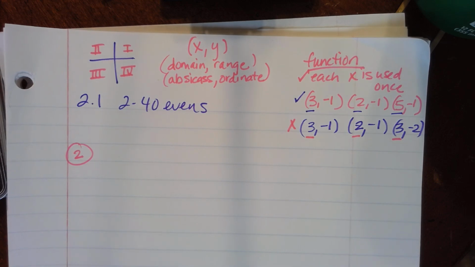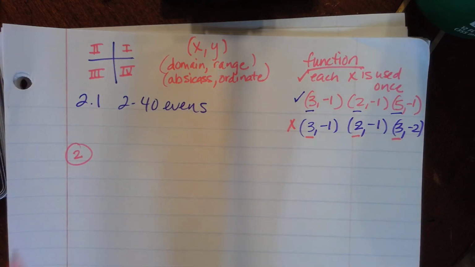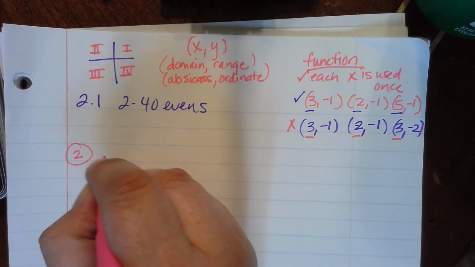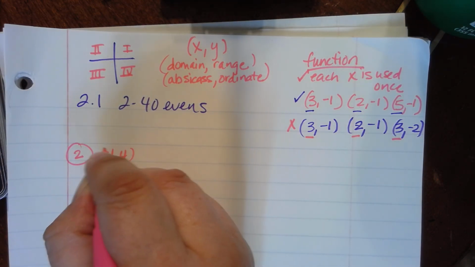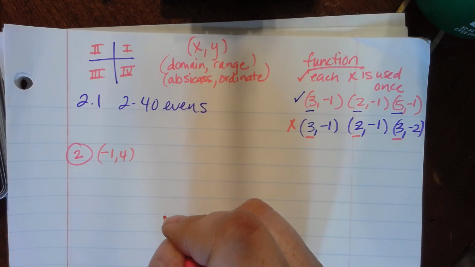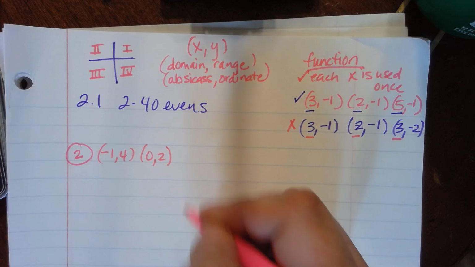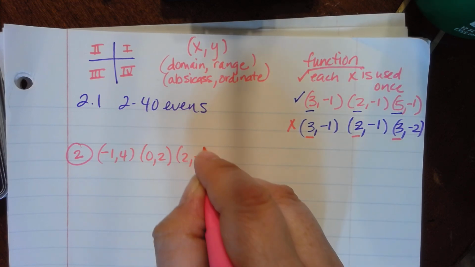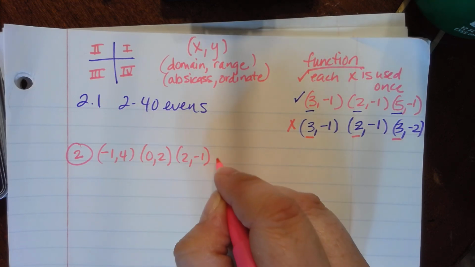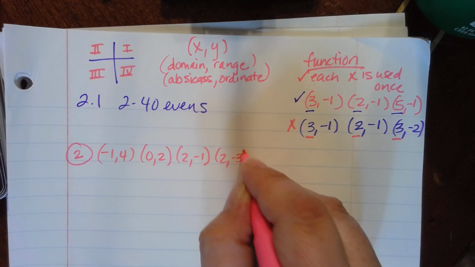Okay, so I am just going to write these coordinates down. You don't have to, but I'm just going to have them here for myself. So we're dealing with (-4, -1), (4, 0), (2, 2), (-1, 2), and (2, -3).